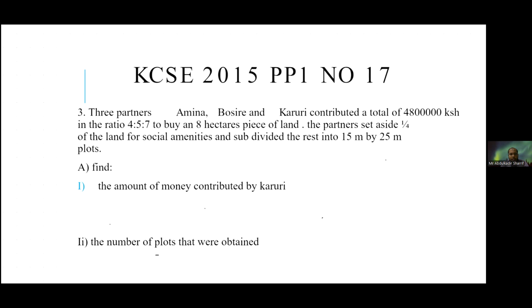The partners set aside a quarter of the land for social amenities and subdivided the rest into 15 meter by 25 meter plots. So this type of question is very easy.